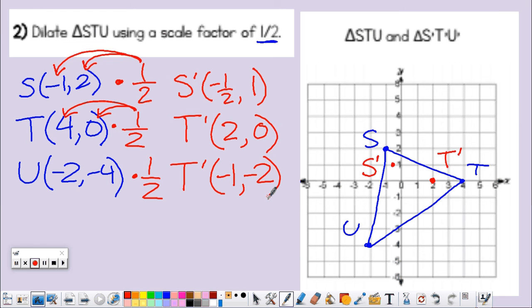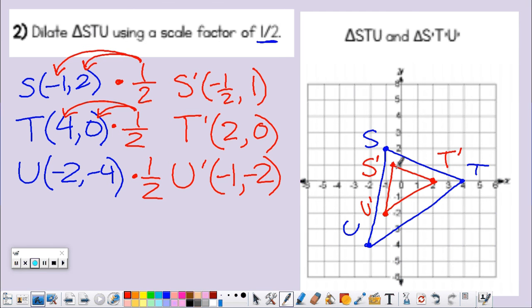Yep, that definitely should be U prime. All right, so -1, -2, that's my U prime. Then connect all your points.